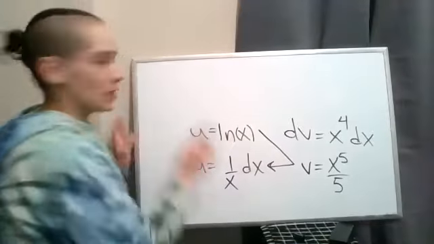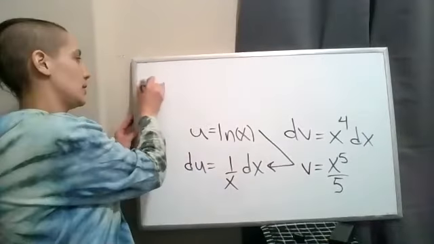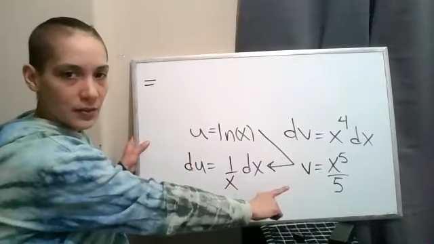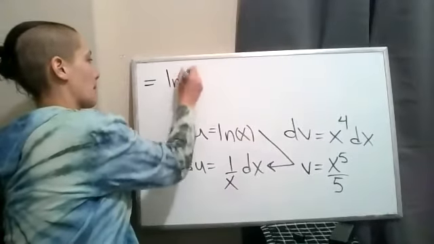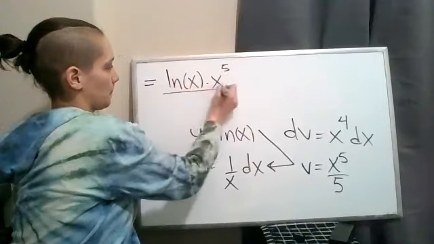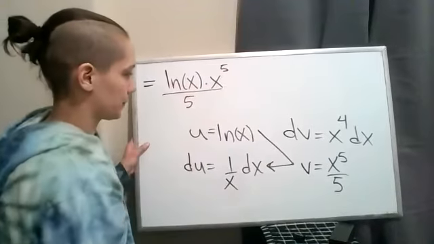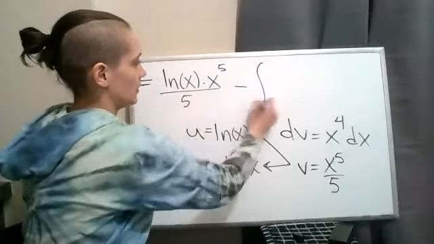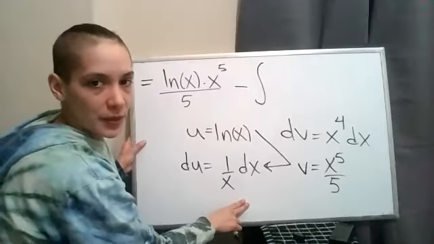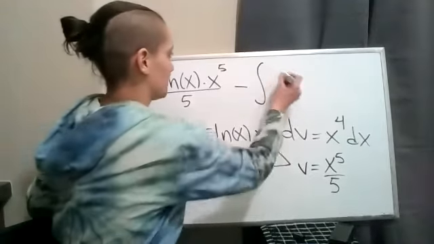Okay. So that integral we had is equal to ln of x times x to the 5th over 5. Subtract this integral of x to the 5th over 5 times 1 over x dx.